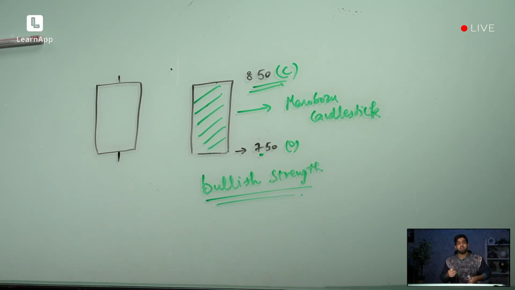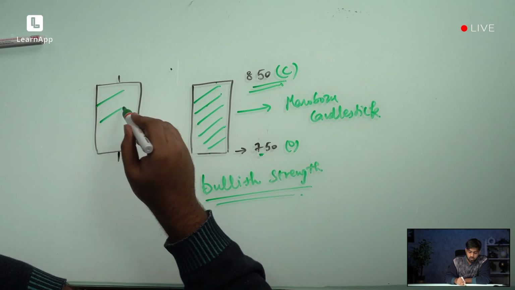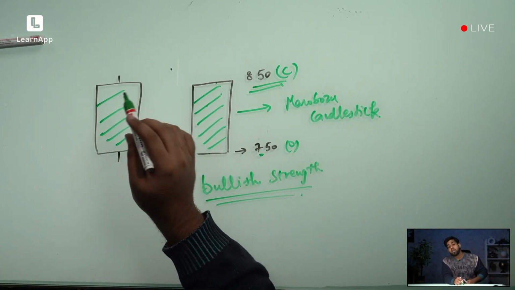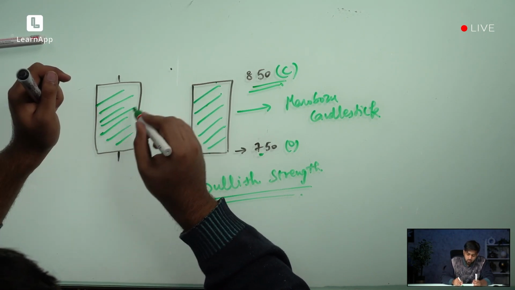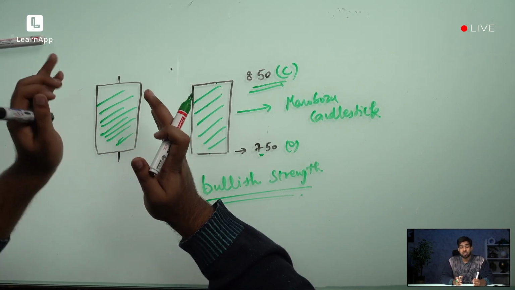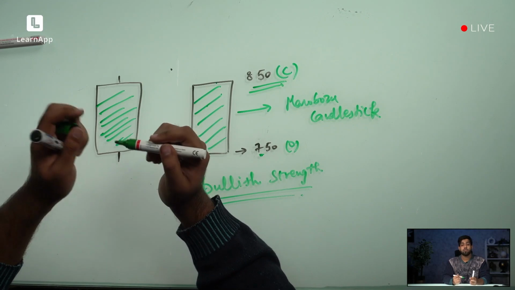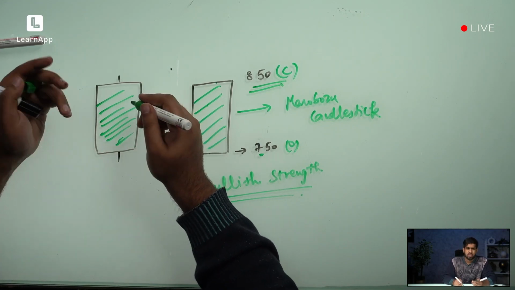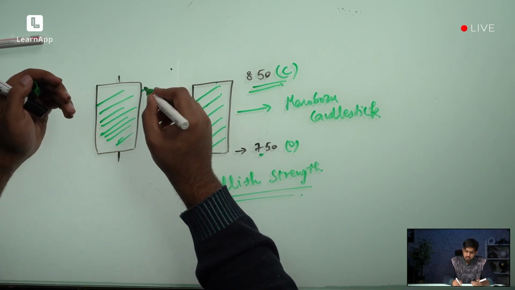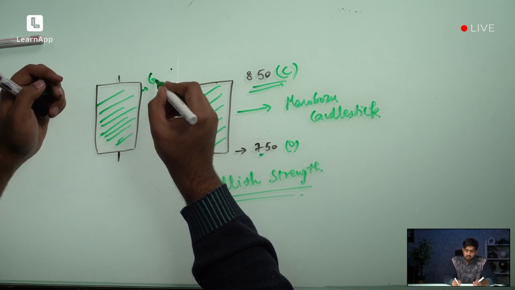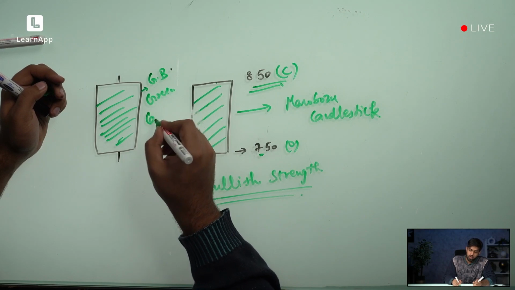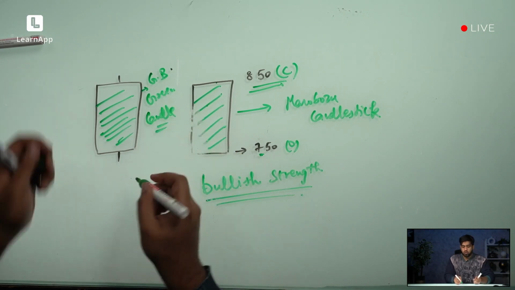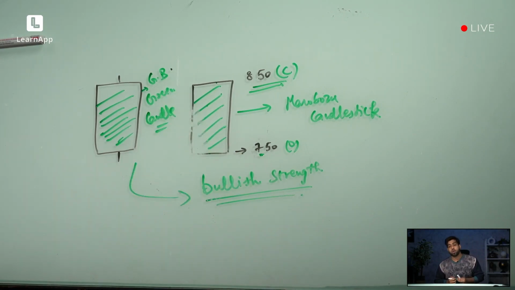This has also a lot of bullish strength because the height of the body is much greater than the length of the wicks. There is no name assigned to it. You can, in layman's terms, call it a good body green candle. That's it. Good body green candle. It also has a lot of bullish strength.